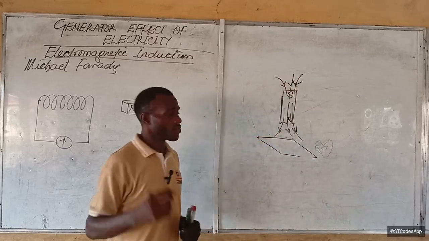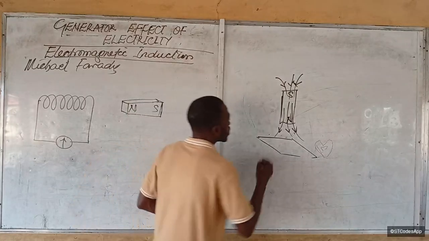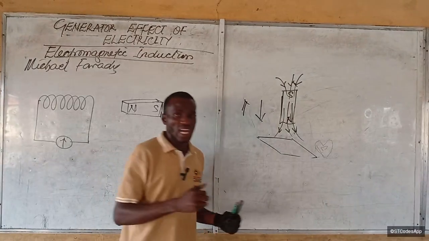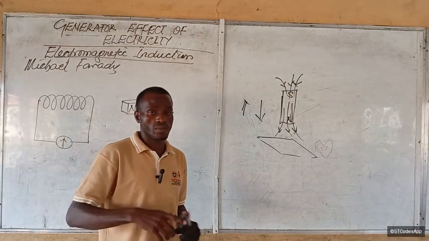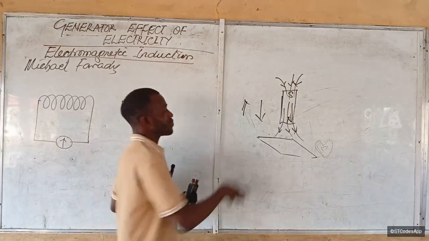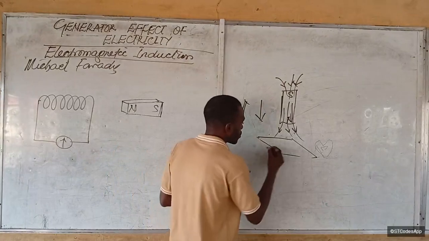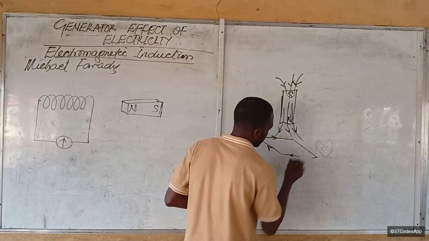He discovered that it was when he brought this magnet up and down speedily that current ran through this system.